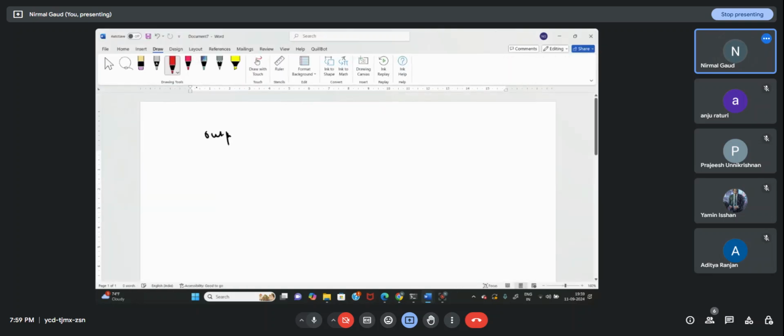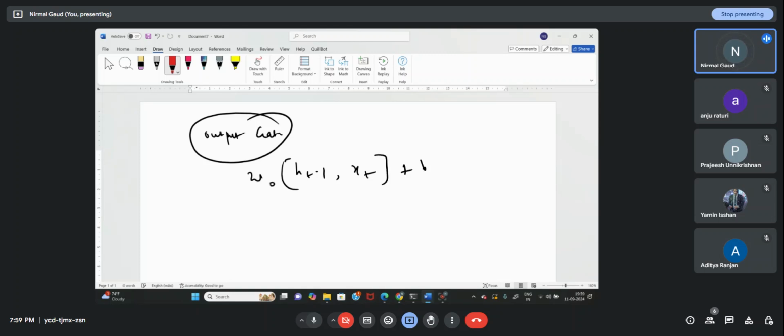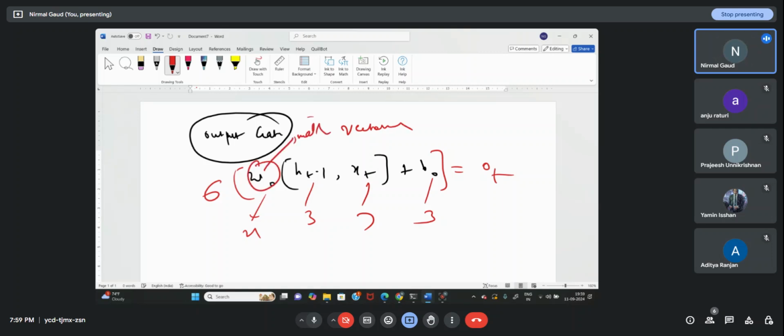So in the output gate, again you are doing the same thing, that is HT minus 1 and XT. The W was already there, W output plus b0, the bias of the output. And here you have to give it to the sigmoid. So the answer is OT. You all know the dimensions. This will be 21 weights, this is 3, this is 7, this is 3. Okay, so you can follow the same thing. All are vectors, and the weight is a matrix, so vectors and matrix. Okay, and you got OT. OT, as you know, will be 3x1.